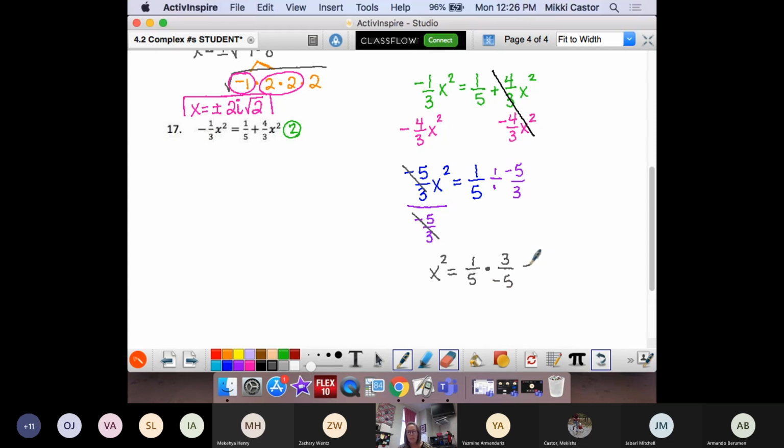Okay, so now we can clean that up a little bit. When you're multiplying fractions, it's straight across. So 1 times 3 and 5 times -5. So 1 times 3 just gives me 3. 5 times -5 is -25.